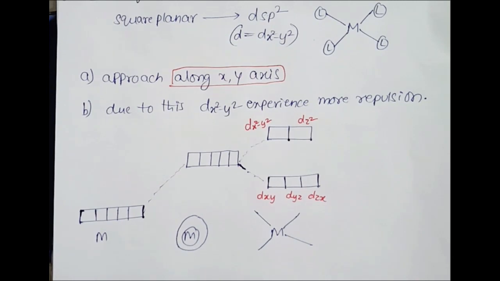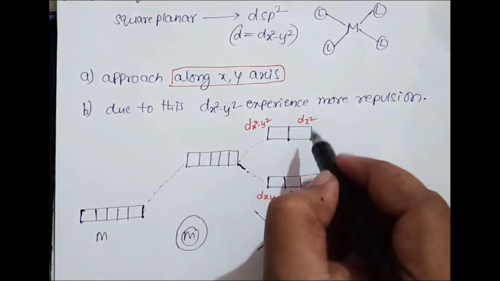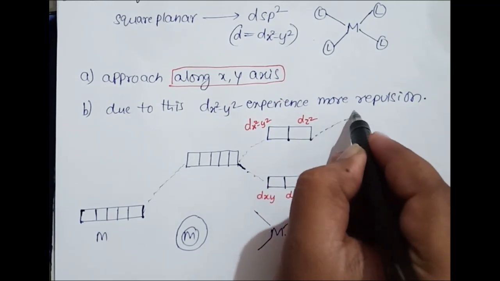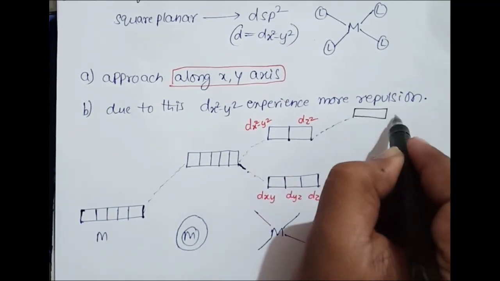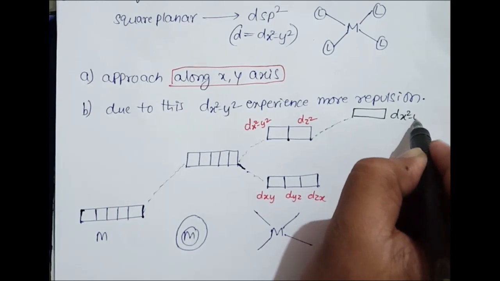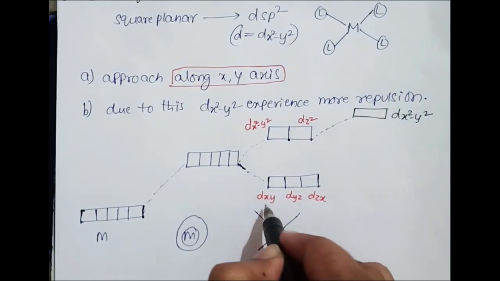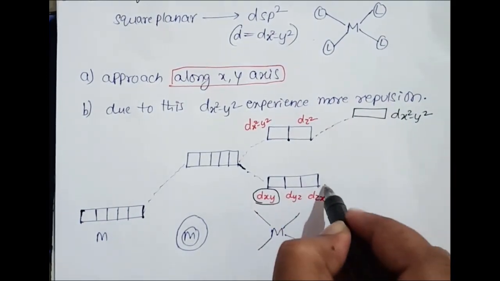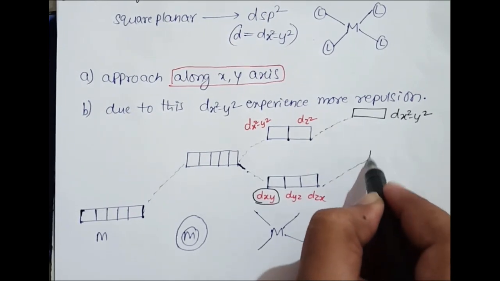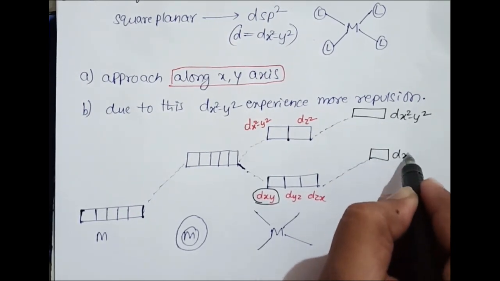That's why, which one will experience more repulsion? dx square minus y square will experience the most repulsion. As well, this dxy also experiences a little bit more repulsion.